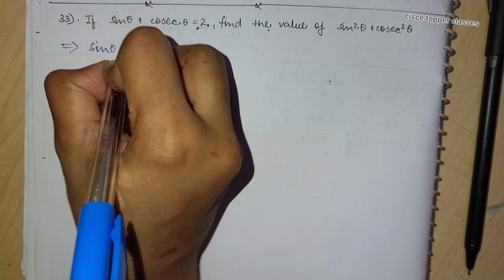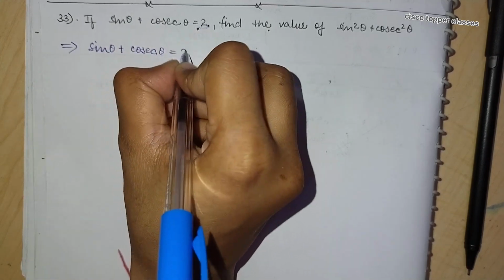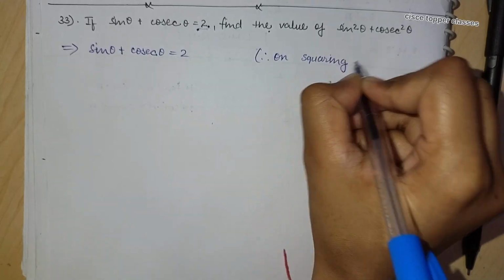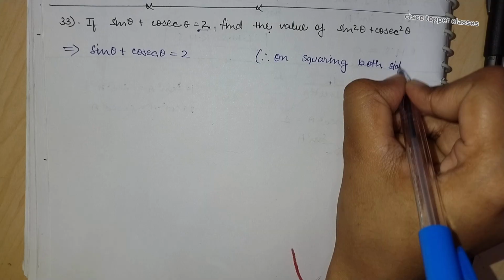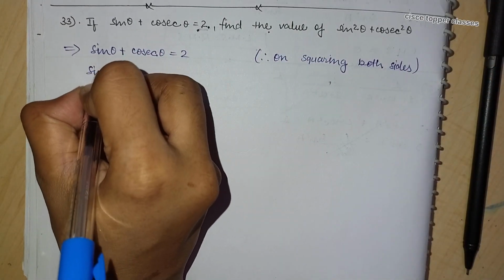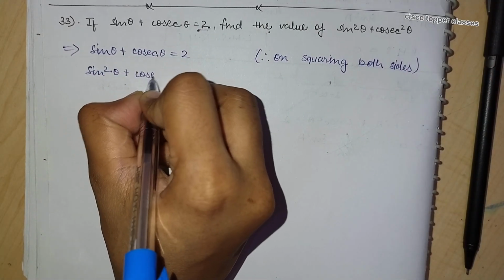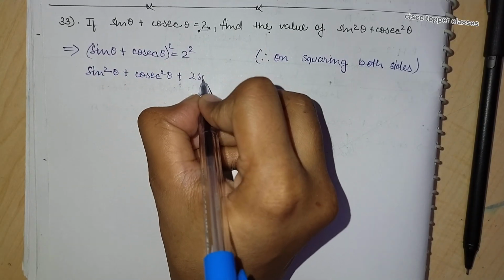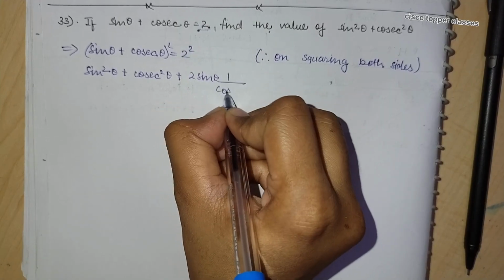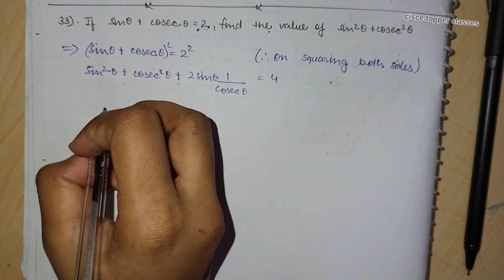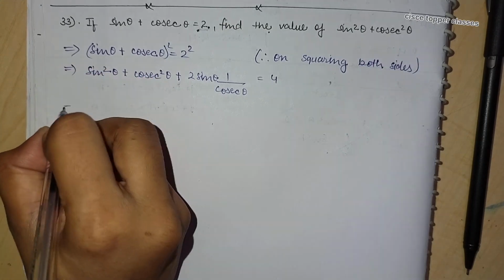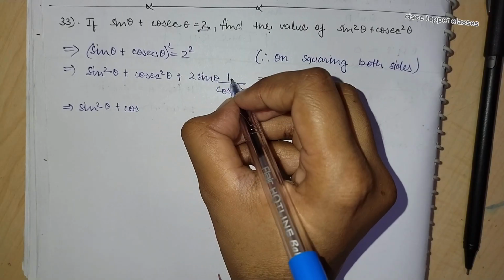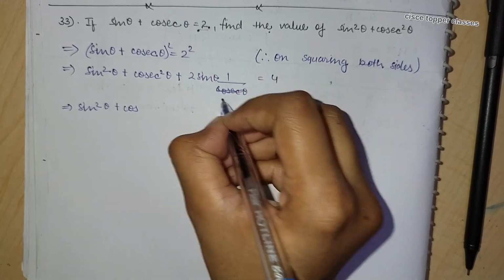So if we write sin theta plus cosec theta as 2, on squaring both sides we can write this as sin square theta plus cosec square theta plus 2 sin theta into 1 by cosec theta... sorry, 2 sin theta and cosec theta, equal to 4.